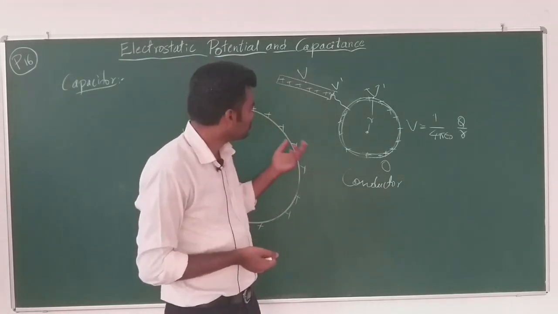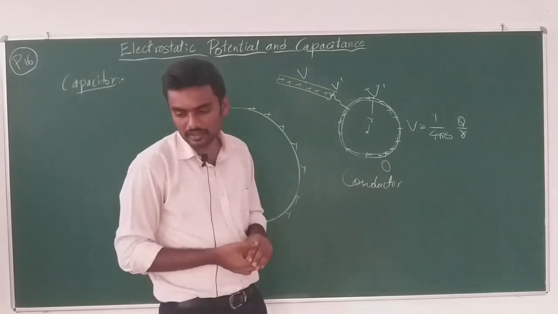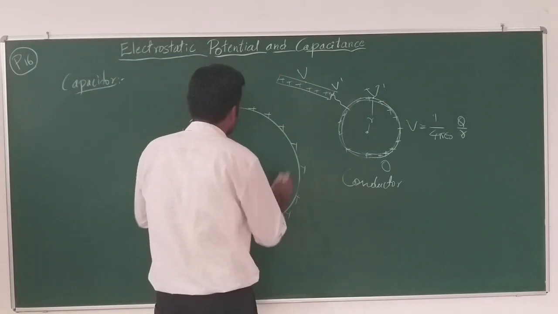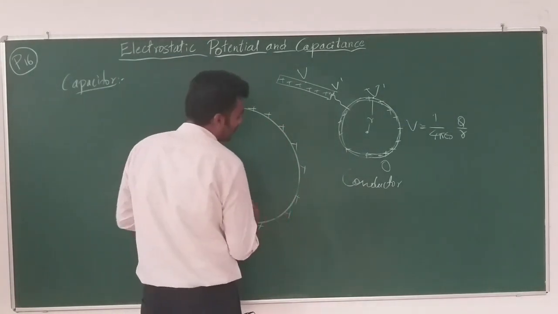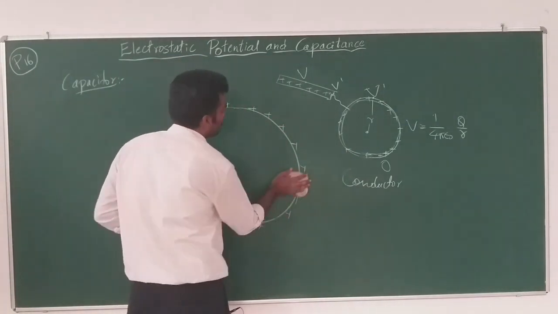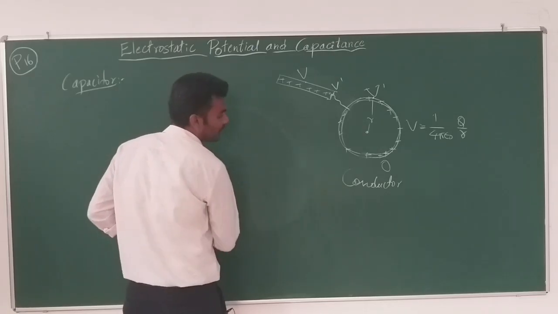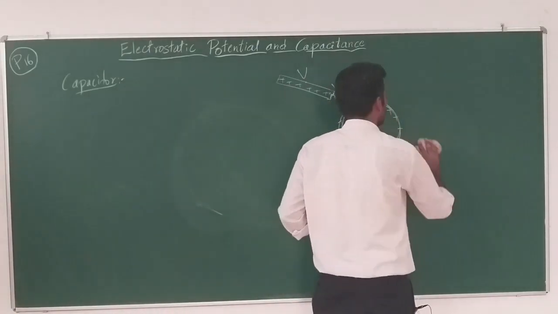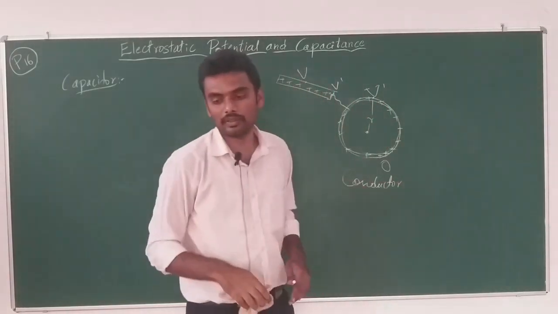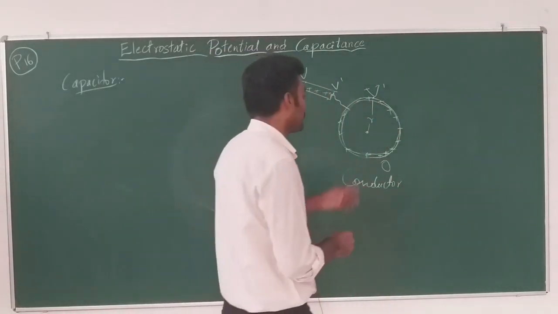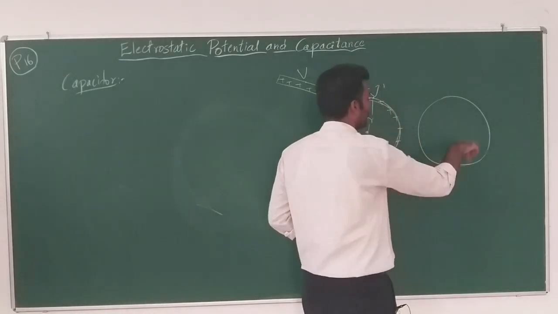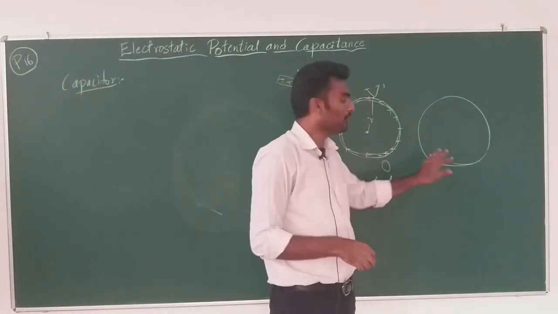So then we start to think of it in a different way. Instead of choosing a bigger one, we will bring another charged body close to this, but the kind of charge chosen for the other body will be the opposite of this.